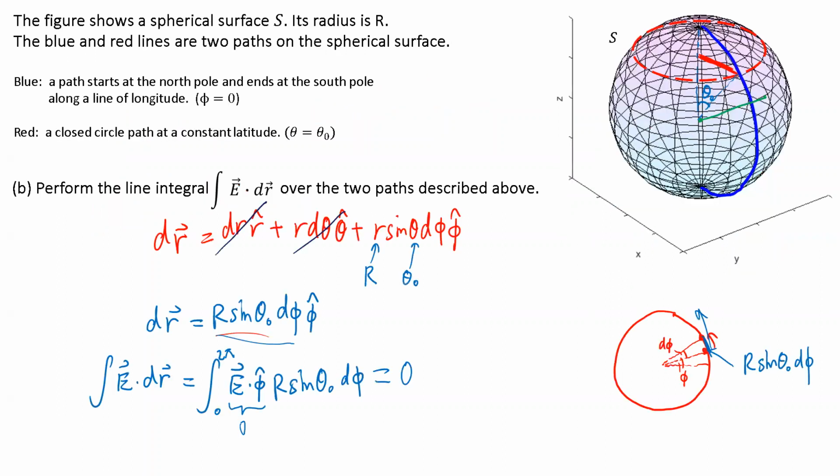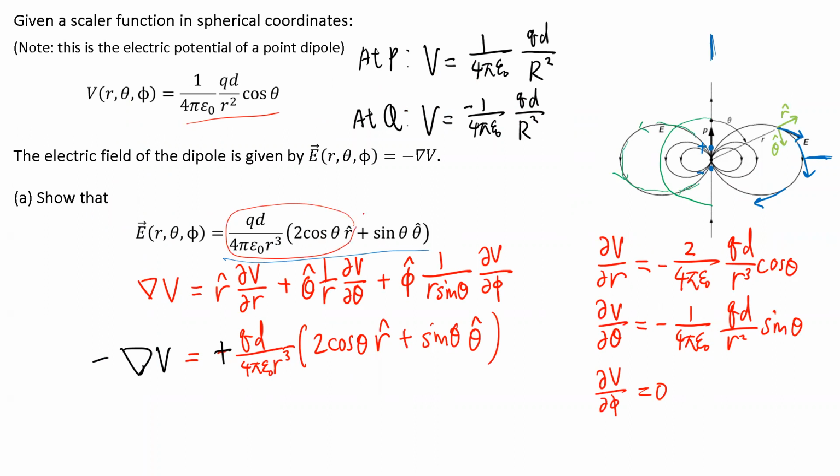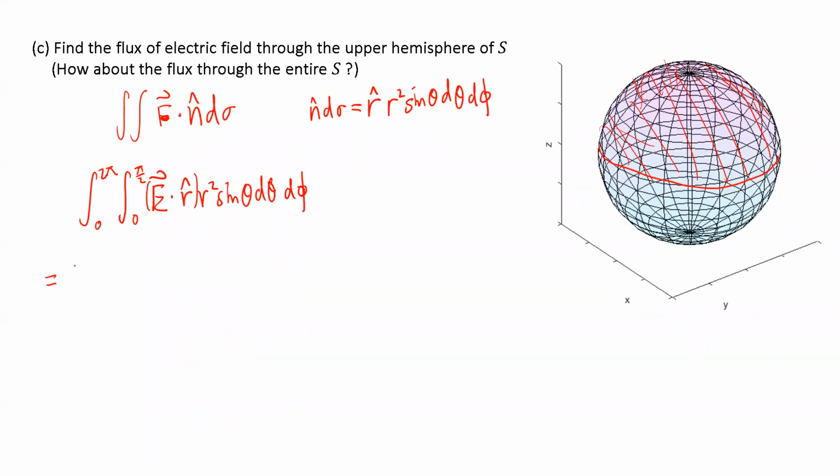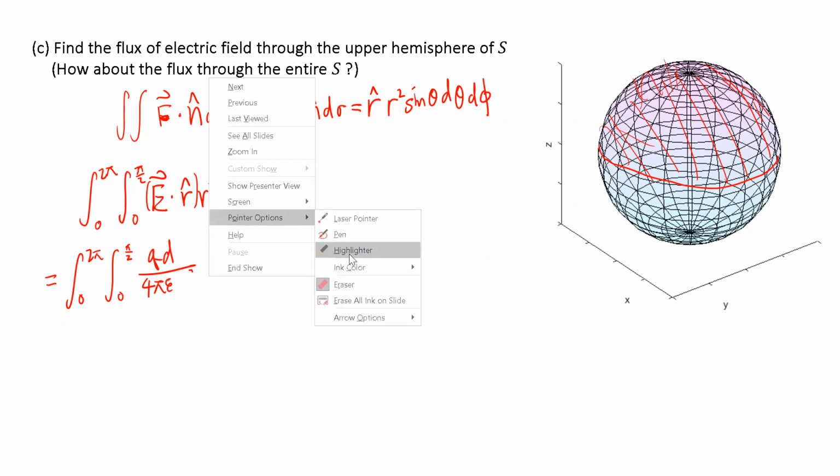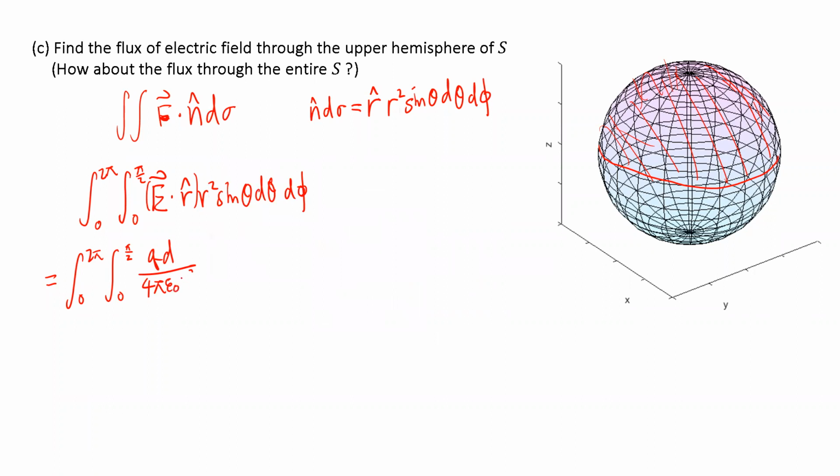This time, we just consider the r component of E. So this whole thing is E dot r hat.